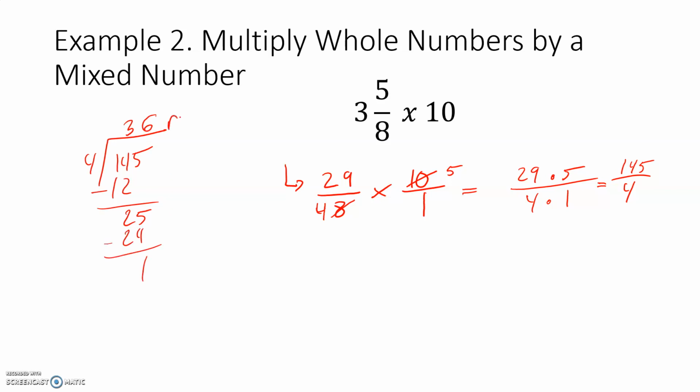Okay, and that's going to be my remainder. So in simplest form, 145 fourths would be 36 whole, remainder 1, which is my numerator, and my denominator stays the same. So 36 and 1/4.